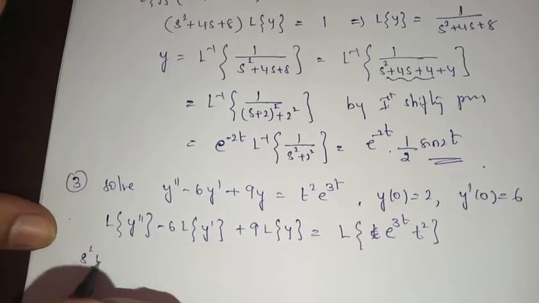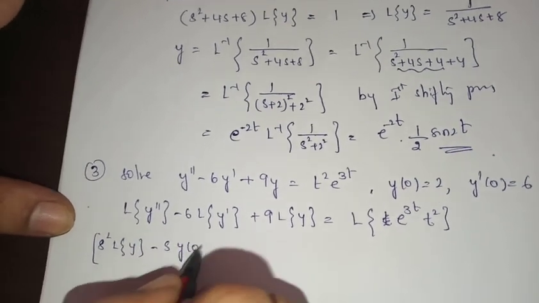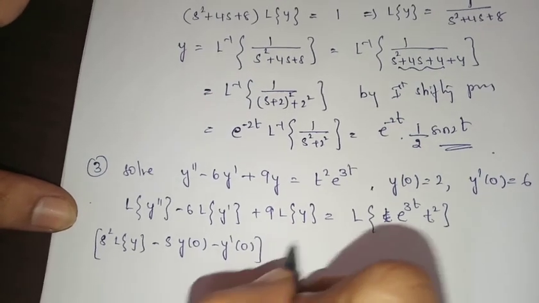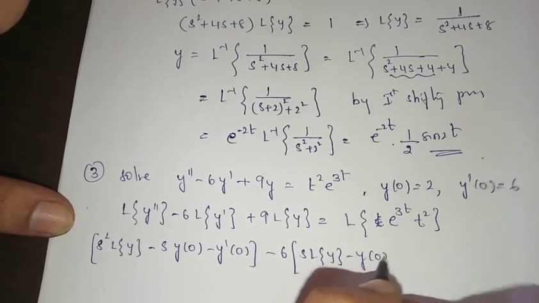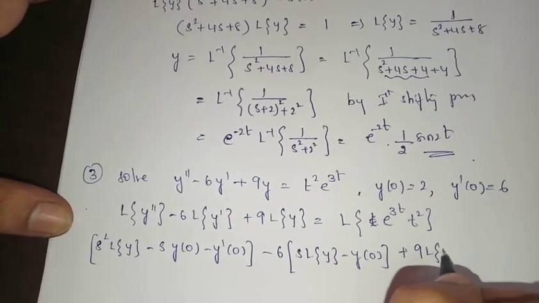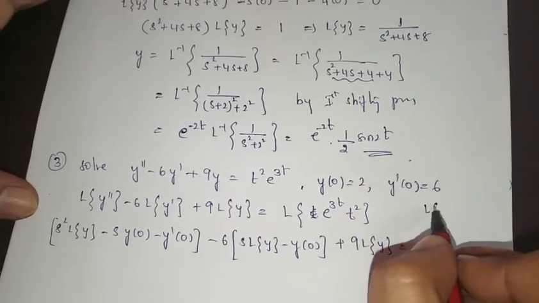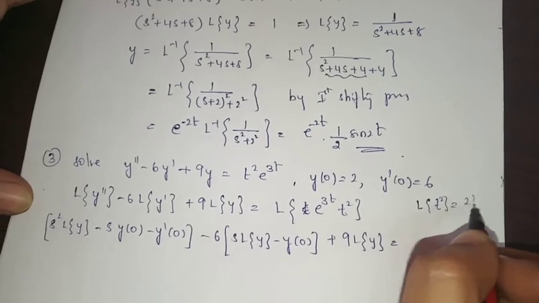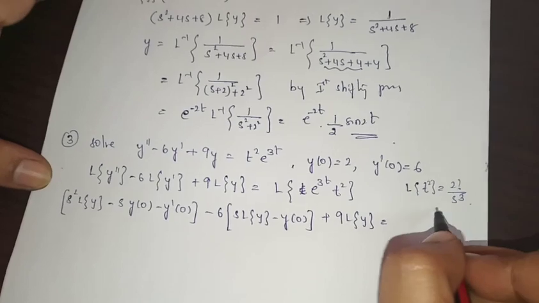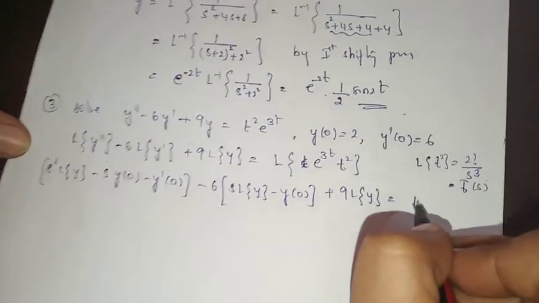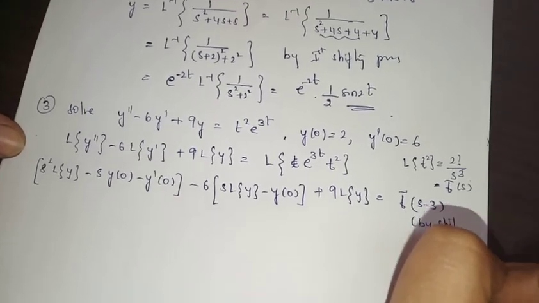This will be s² Laplace transform of y minus s y(0) minus y'(0), minus 6 into s Laplace transform of y minus y(0), plus 9 times Laplace transform of y equal to, by shifting property, Laplace transform of t² is 2 factorial by s³. So this is f bar of s, so this is f bar of s minus 3 by shifting property.